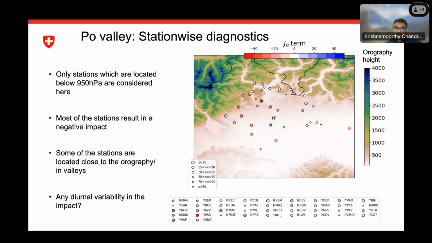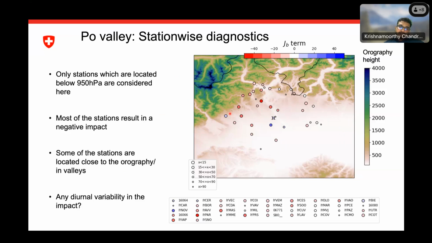What you can see immediately is that most of these stations, even though they are lying in very flat terrain, below 950 hectopascal height, show a large degradation. We should also note that some of these stations, even though they are at very low levels, are between two orographies, like in a valley or close to the orography, like here.